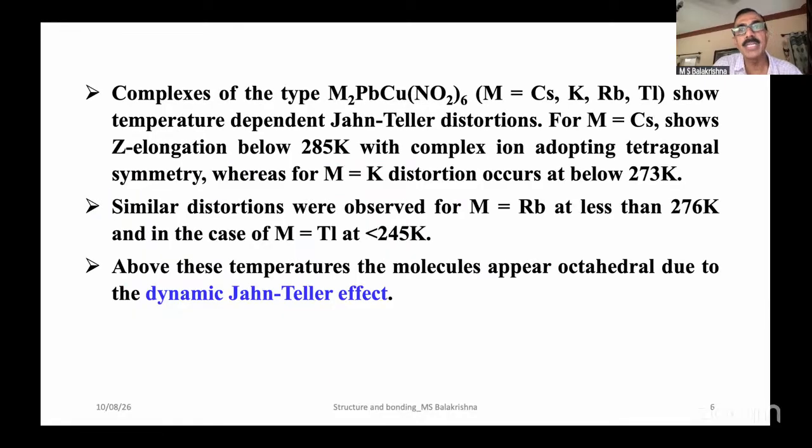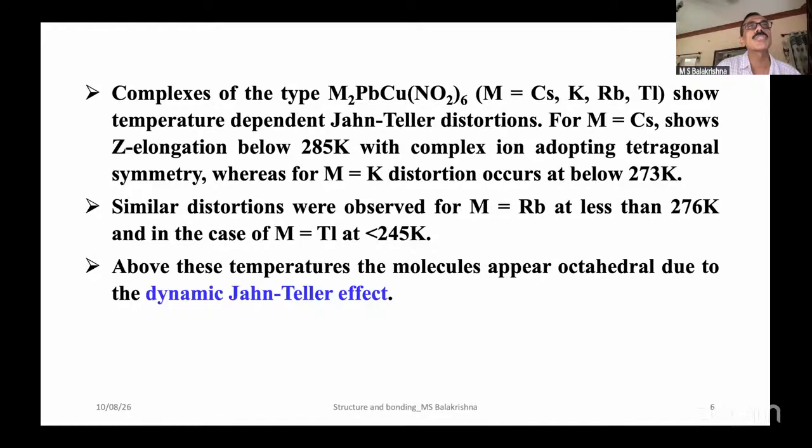So that means basically when you have different types of cations, you can see temperature dependent distortions. For example, complexes of the type M2PbCu(NO2)6, where M is cesium, potassium, rubidium, or thallium, show temperature dependent Jahn-Teller distortion.